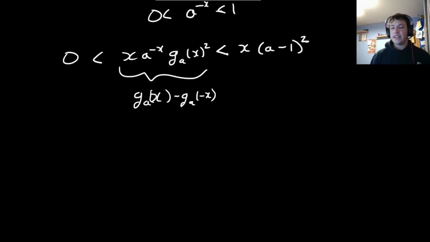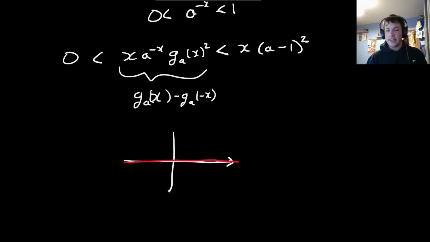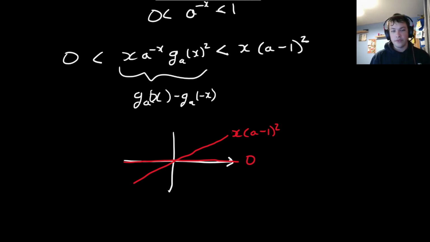Now, that tells us that this thing here must have a limit, because we use this thing called the squeeze theorem, where we've got one function which is quite boring, it's just 0. And we've got another function which is a straight line, it's x times a minus 1 squared. This is 0. Well, our interesting function, let's call this HA of x, let's say, is stuck between these two lines.